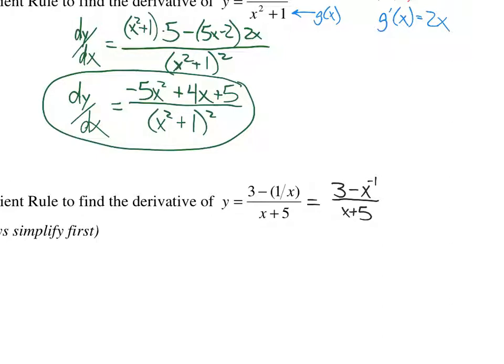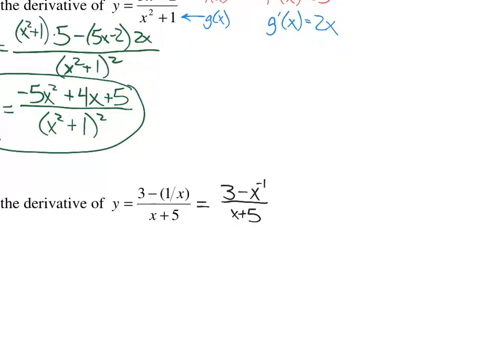So again, we do our f prime as the derivative of the numerator, and our g prime as the derivative of the denominator. What is f prime in this case? Yeah, it'd be a positive x to the negative 2. I would not switch that back to a fraction right now. I'd wait till after I simplify some, once it's in the formula. What's g prime? It's 1.